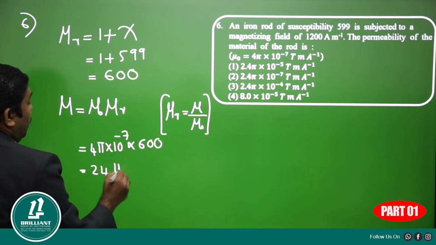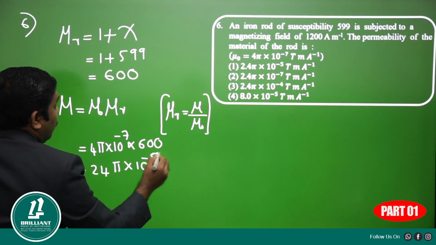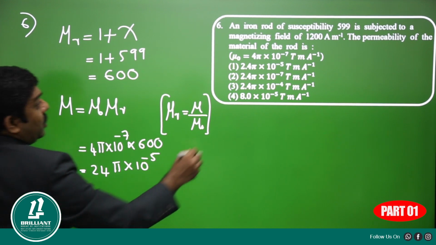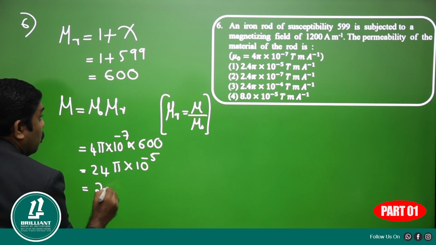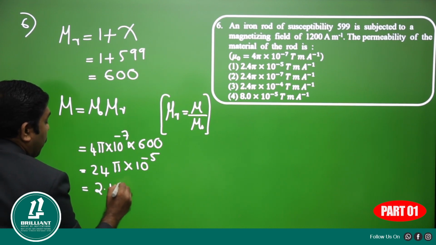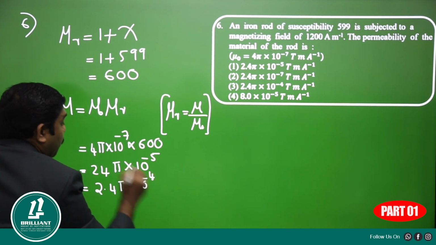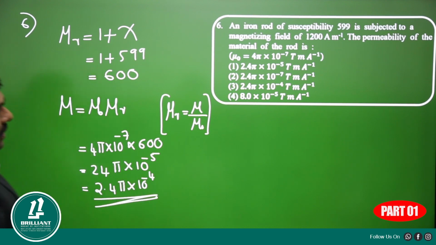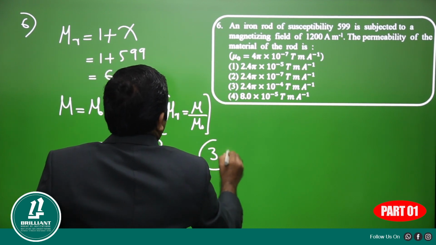Okay, 24 pi into 10 raised to minus 5, and if you simplify here, see 2.4, therefore you can write 2.4 pi into 10 raised to minus 4. Therefore, the right answer is 2.4 pi into 10 raised to minus 4. Right answer is option 3. 3, the right answer.